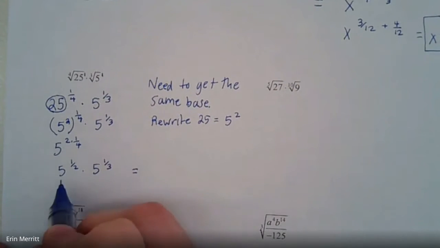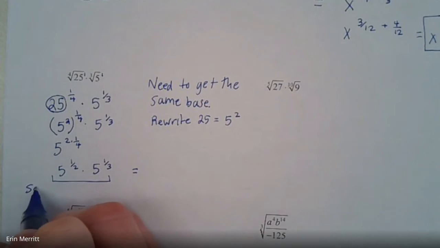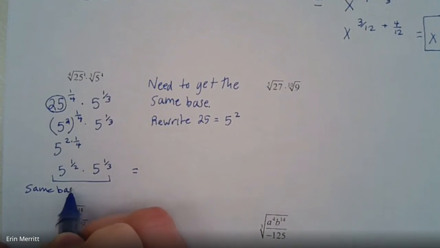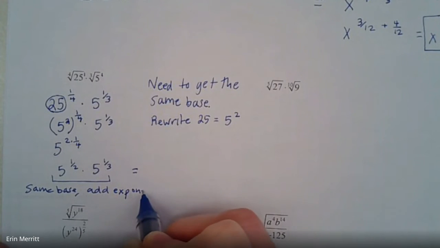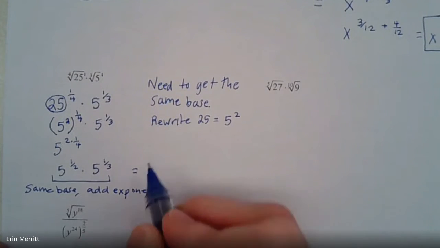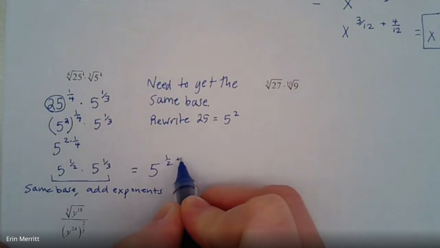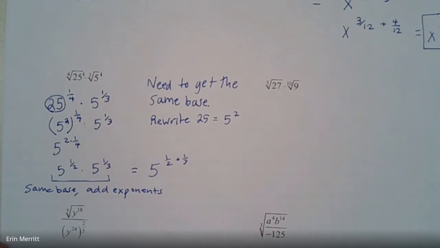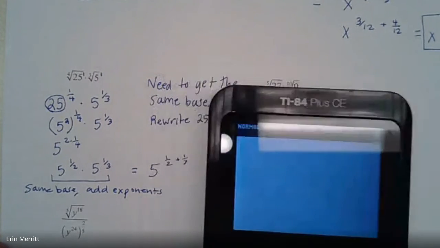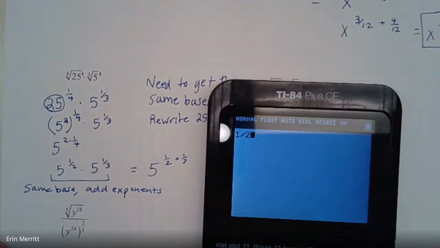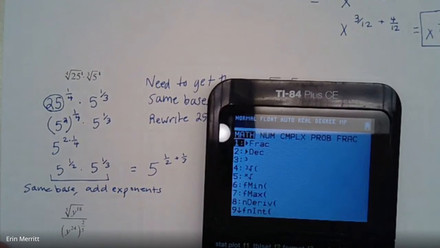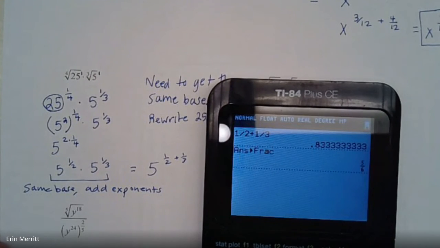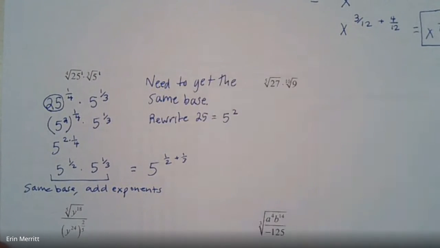Now they have the same base, so we just add the exponents. All right. 1/2 plus 1/3. Again, if you want to, maybe this time we'll grab our calculator. You can go 1/2 plus 1/3, get an answer, and then just math frac it. So that would be 5/6 right there in case you can't see it.